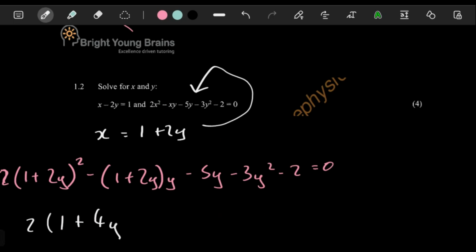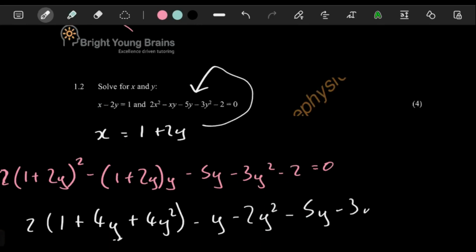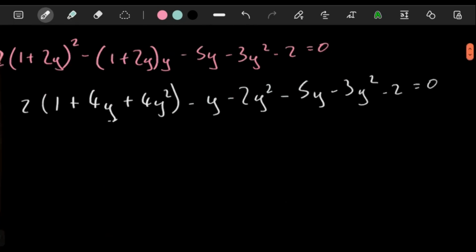Plus 4y squared. And then we're going to have here this negative and this y can be put together, right? So if you multiply inside, it's going to be like negative y and then negative 2y squared. And then the rest here, it's like negative 5y, negative 3y squared, negative 2 equal to 0.